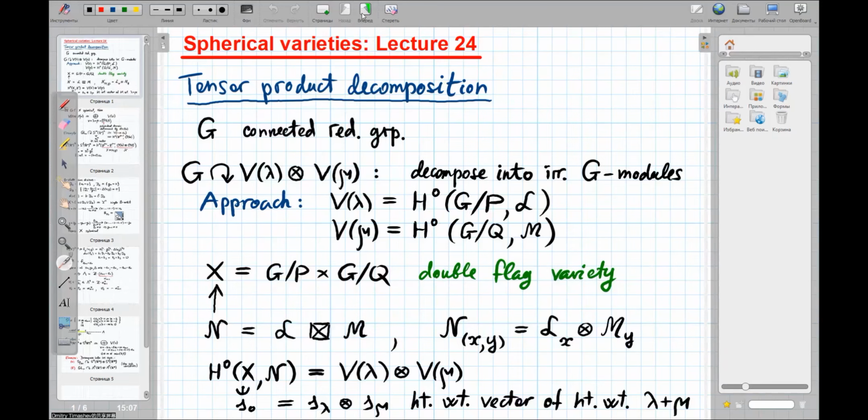Actually, this is a criterion. So if a G variety has every G line bundle with finite dimensional sections, then it is complete, right? If any line bundle on a G variety has finite dimensional space of sections, then it is complete.